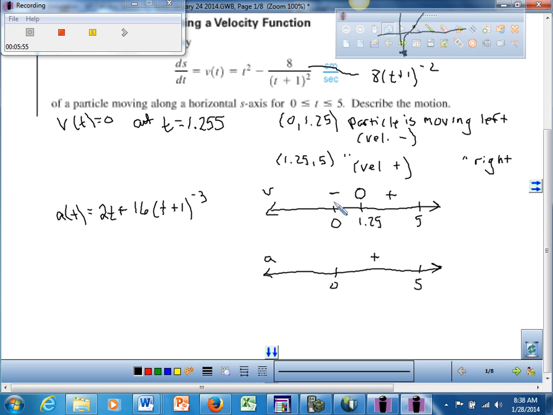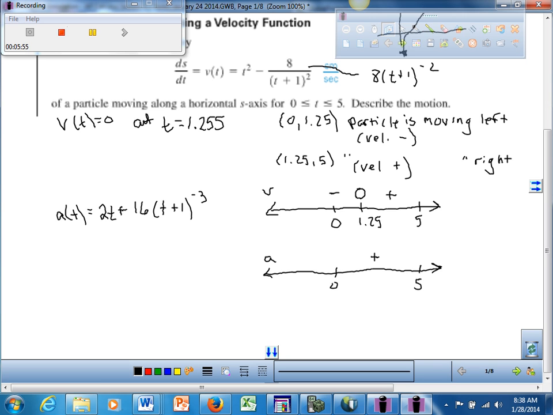Okay, exactly. Our velocity from 0 to 1.25 is negative, which means I am moving to your left. But the acceleration is coming this way, so it's causing me to slow down. Then, from 1.25 to 5, I'm going to the right, and it's like I have someone pushing me from behind, speeding me up.